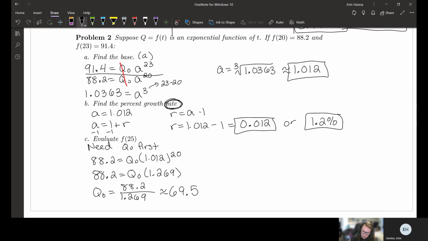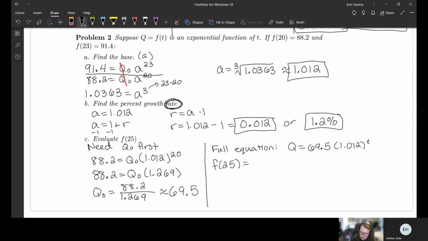So we can use that Q naught now to actually find the full equation. So the full equation would therefore be Q equals 69.5 times 1.012 to the t. And now that I know the full equation, I can do what I was actually asked to do and evaluate f of 25.